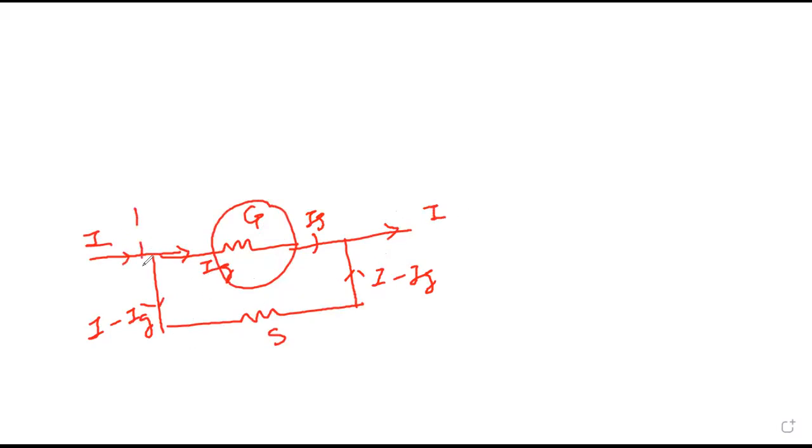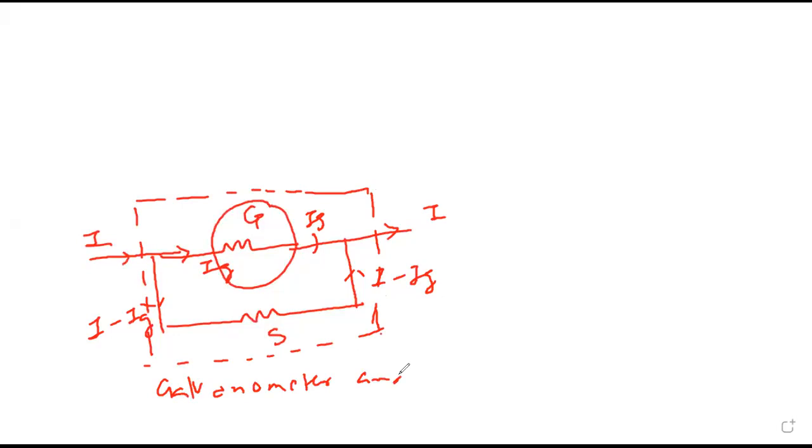So this entire arrangement is actually called an ammeter. We can see galvanometer and shunt are in parallel.